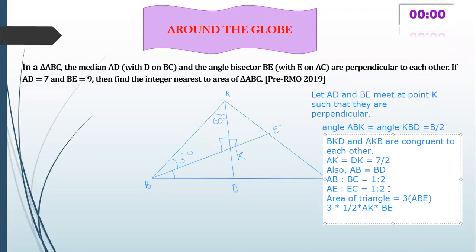Put in the values and you will get 47.2 something, and you have to find the nearest integer as told. Since it is not crossing 5, the nearest integer is 47.